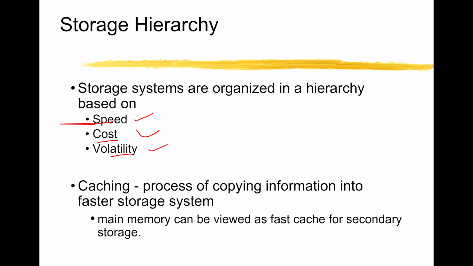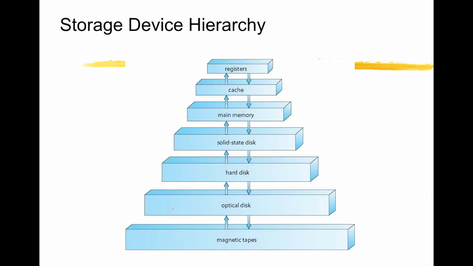That's why we also have registers that are faster than the main memory. Now let's look at this. As I was explaining earlier, this is how the storage device hierarchy is. We have the registers at the top. These are the fastest, followed by the cache, followed by the main memory, followed by the solid state disk.